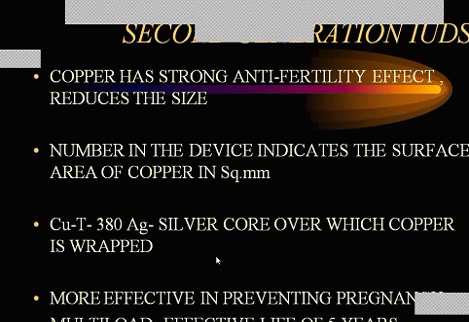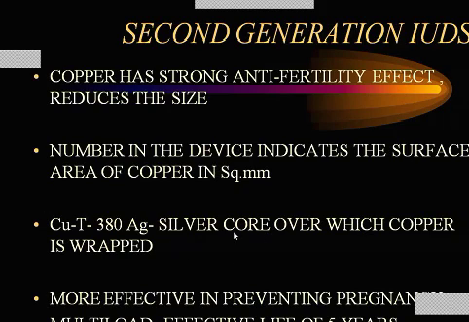The duration of effectiveness depends upon the type of device. Okay, so copper has a strong anti-fertility effect, and with the addition of copper, it was made possible to reduce the size of the device.